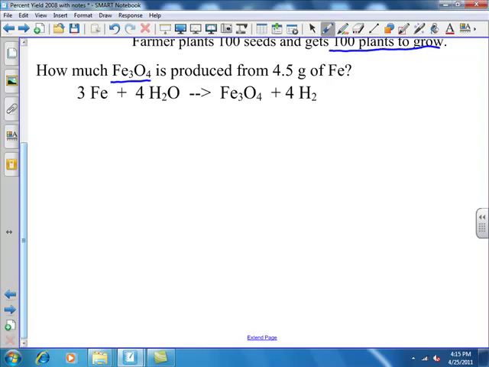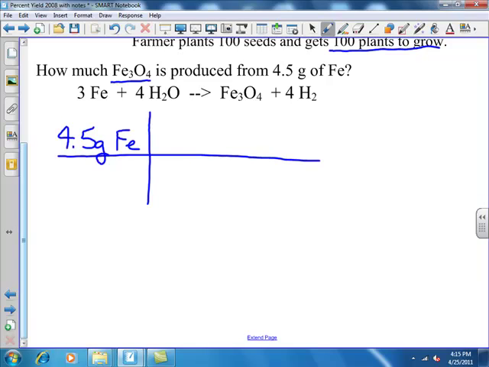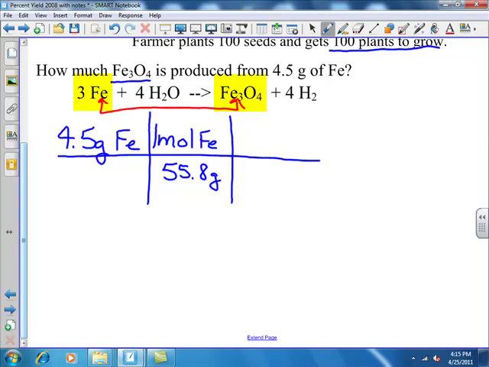So setting this up, we have 4.5 grams of Fe, and we need to change that to moles of Fe, so we're going to multiply by the molar mass of Fe, which is pretty simple in this case because it's just one element. And then we're going to multiply by the mole ratio between Fe and Fe3O4, which is a 3-to-1 mole ratio.